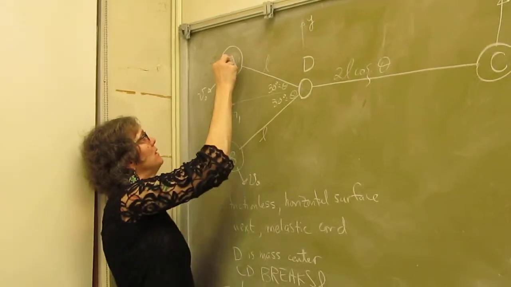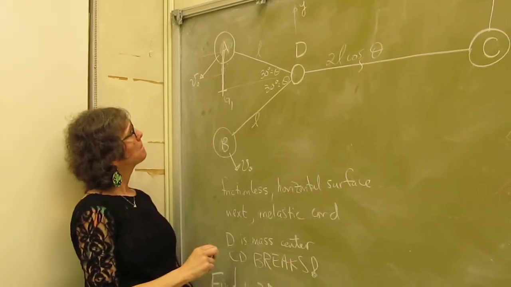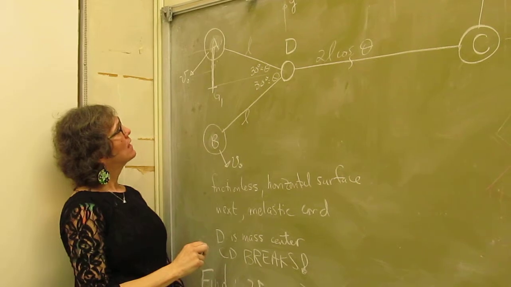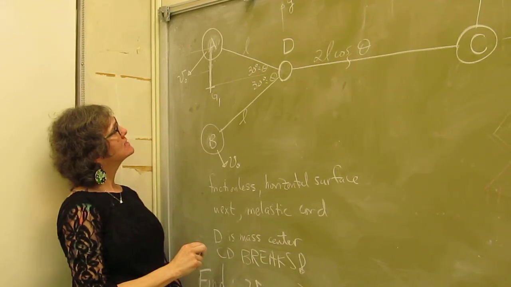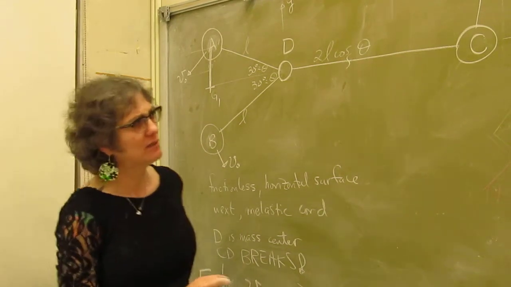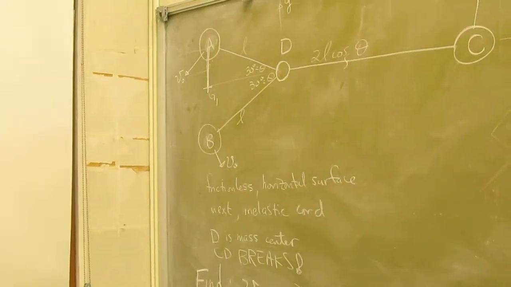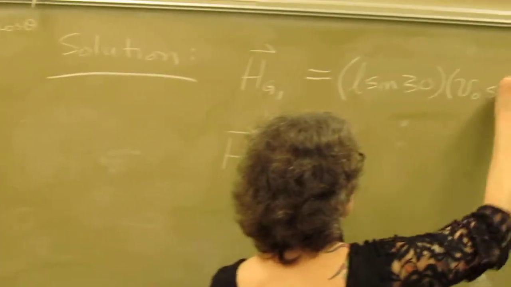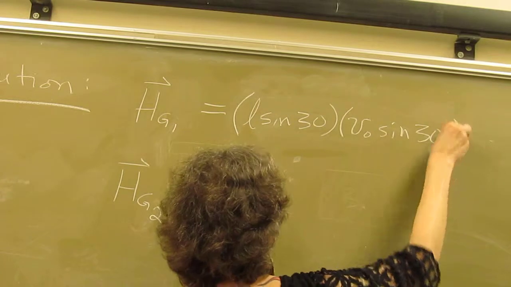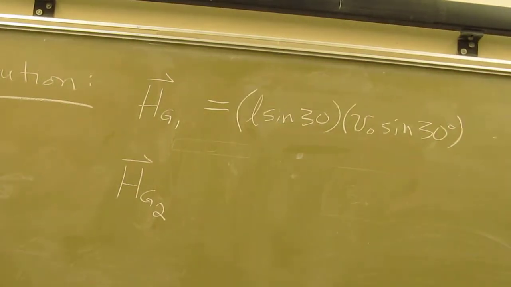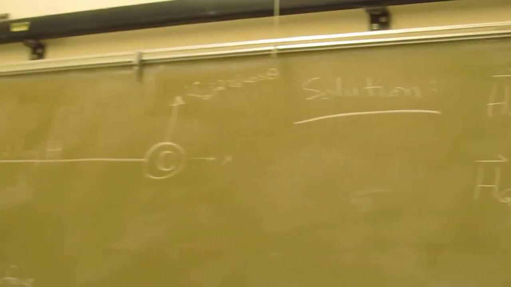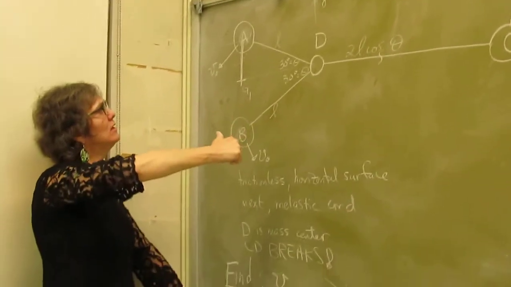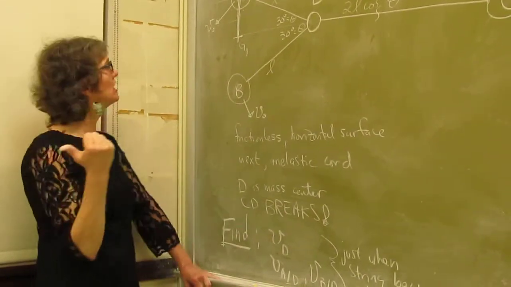Velocity is not perpendicular to the R, so I also have to, so I better do V0 sine 30. Is that right? So I'm just getting the magnitude here because the vector is going to be in the k direction, right?